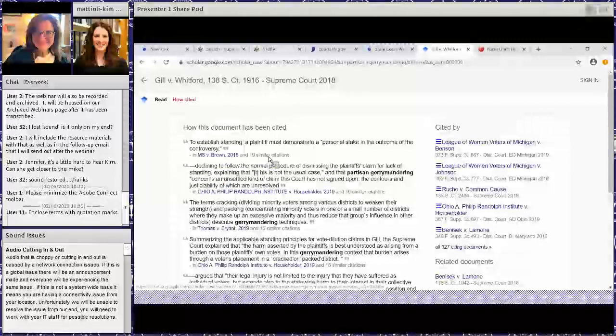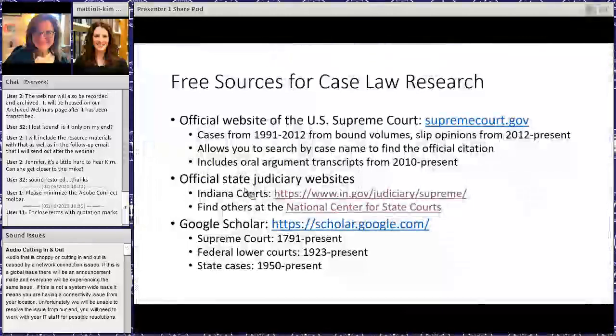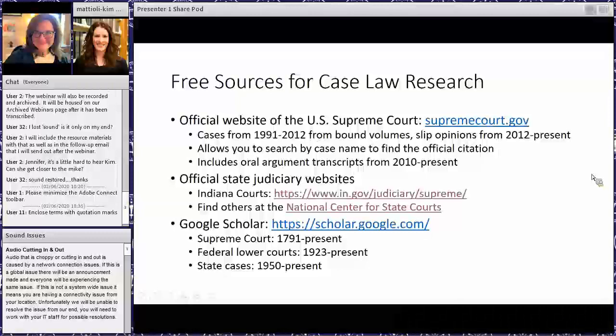So you can see that this case, MS v. Brown, and then 19 other citations cited this one part of Gill. It'll help you figure out what parts of the opinion are the really important ones. Okay, so that's Google Scholar. It's a great place to start if you're doing free case law research.